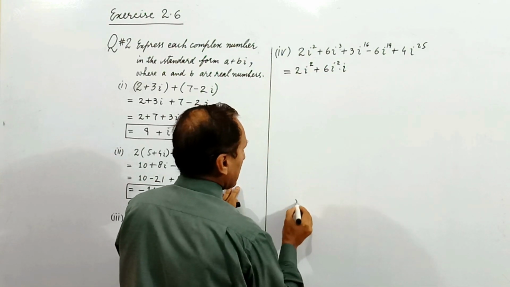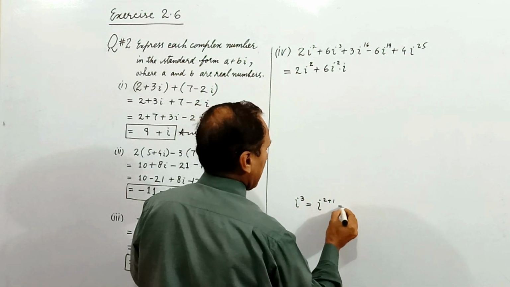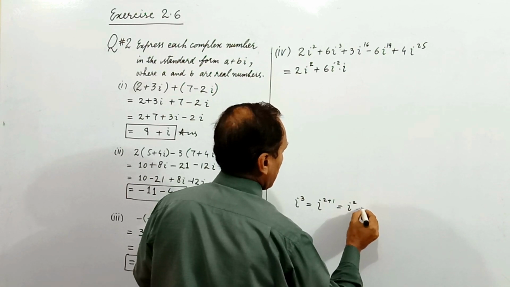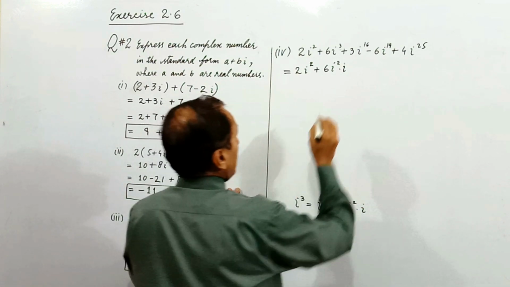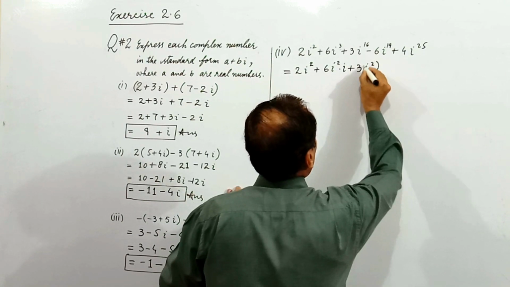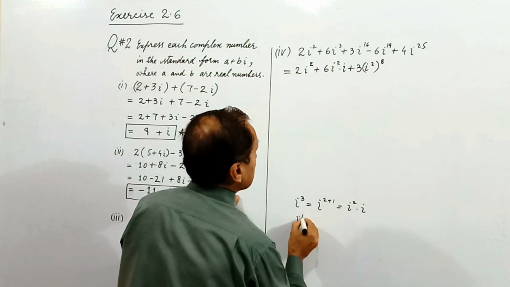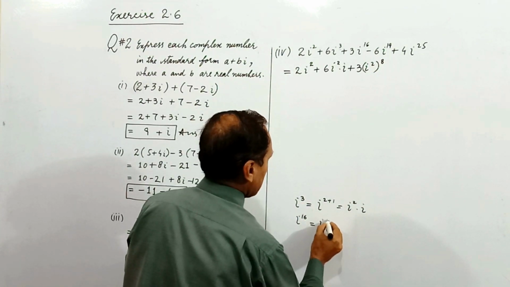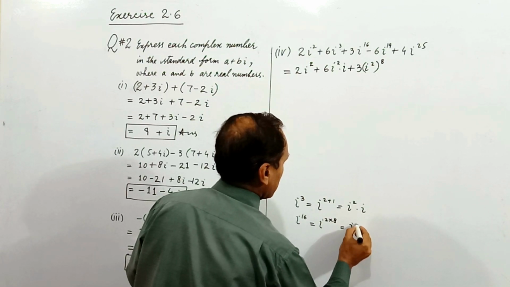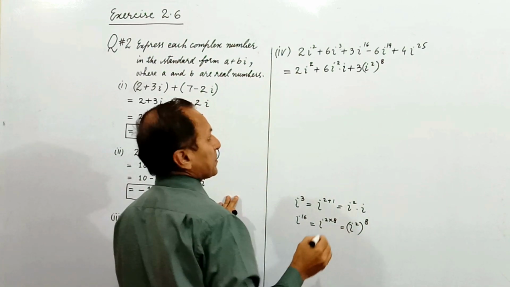Because iota cube can be written as iota raised to 2 plus 1, and that will be equal to iota square dot iota. Plus 3 iota 16 can be written as iota square whole power 8. Why? Because iota 16 is equal to iota 2 multiplied by 8, and applying the law of power of power, iota square whole power 8 we can write.